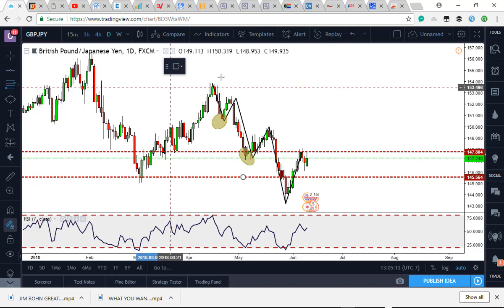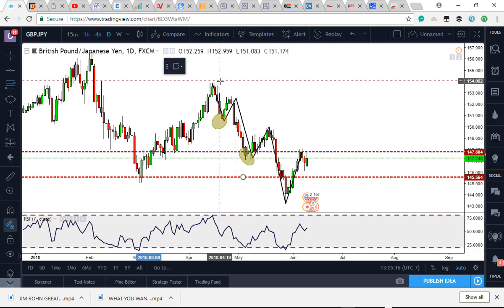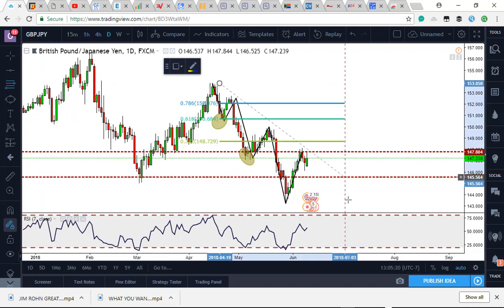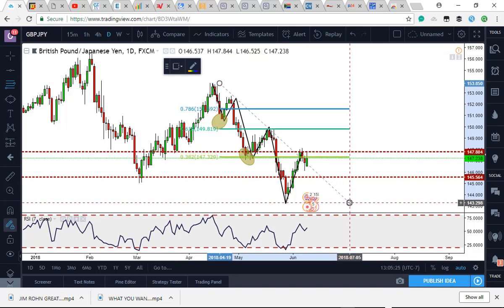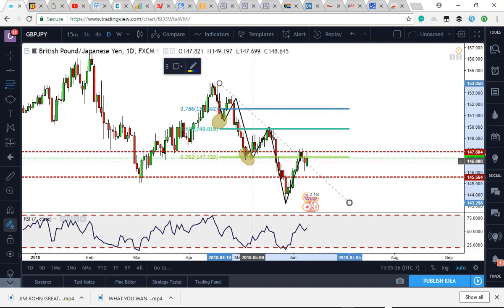First, I use it from this X leg down to A leg, and you can see back to where we find our support level. This is where we get a significant structure level.